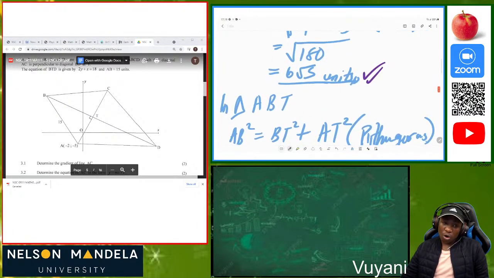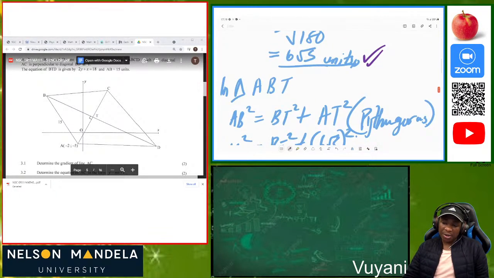After that, we know that triangle ABT is a right angled triangle. You can see that 90 degrees there. Since it is a right angled triangle, we can use the Pythagoras theorem. Pythagoras theorem is r squared equals x squared plus y squared. What is our r squared? Our r squared is the hypotenuse.